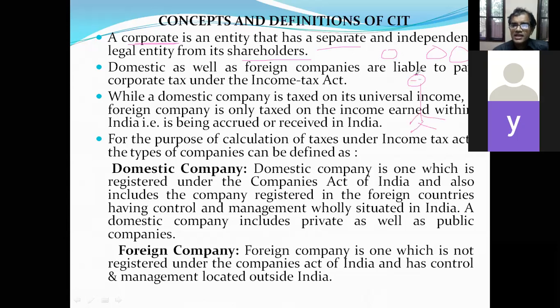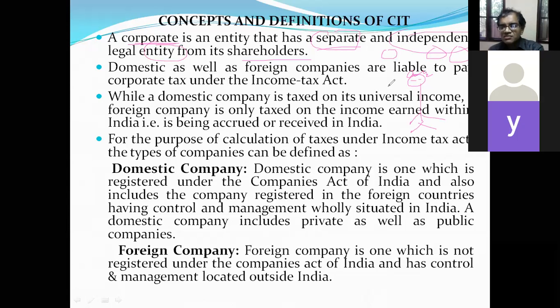Whereas a corporate is a separate and independent entity. Entity means a firm, organization, separate from its shareholders. Shareholders means the persons who have invested money, who gave money to the company. So corporate organization is separate from its shareholders.